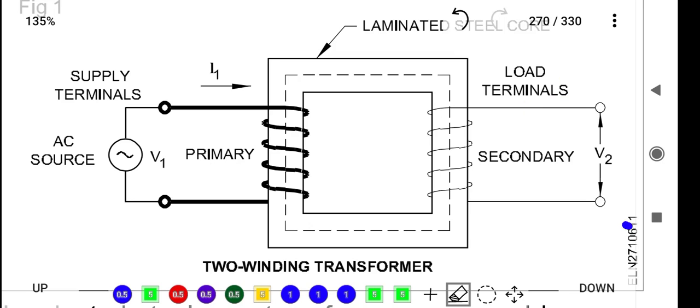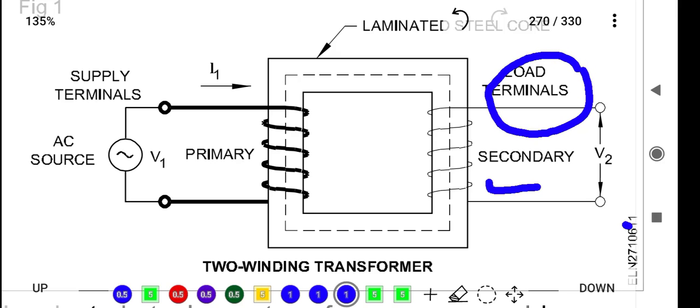What will the secondary winding do? The secondary winding supplies the electrical energy to the load terminal. We know what load means. Load means an electrical component that consumes electrical power. This is the definition of load, very important.